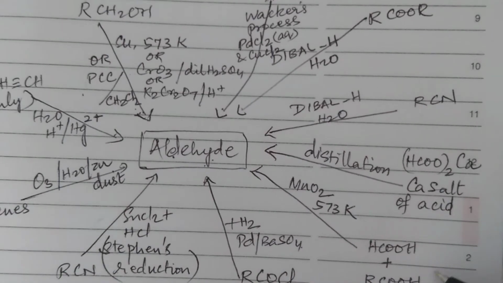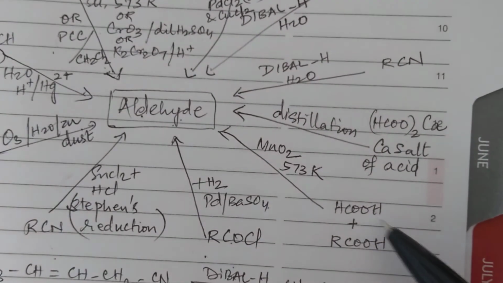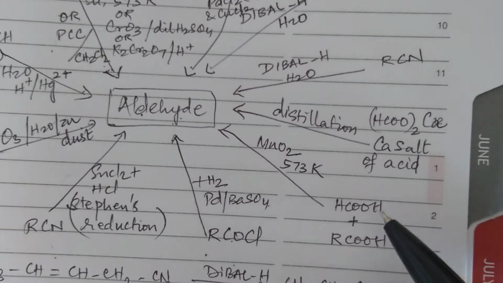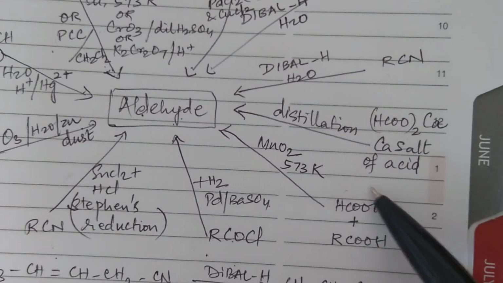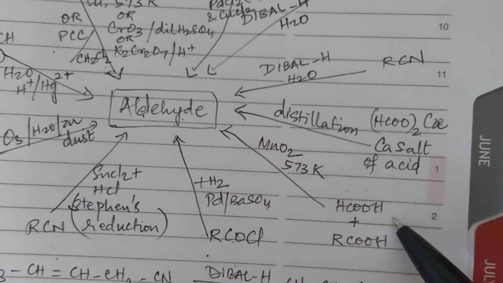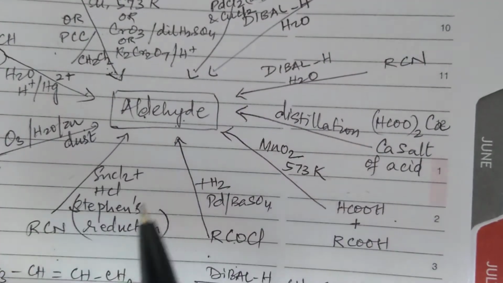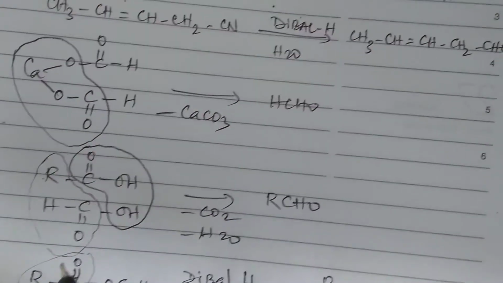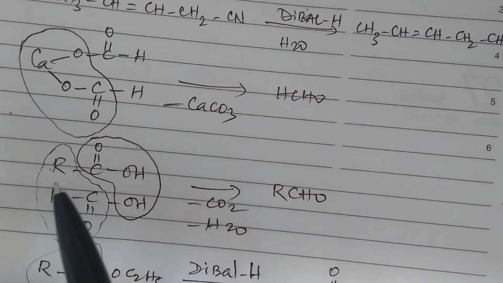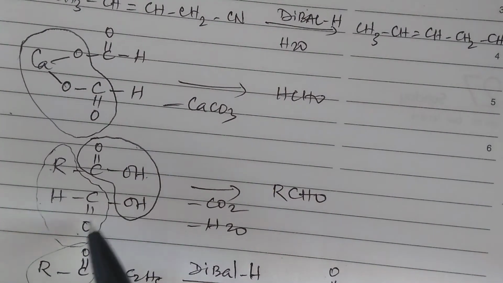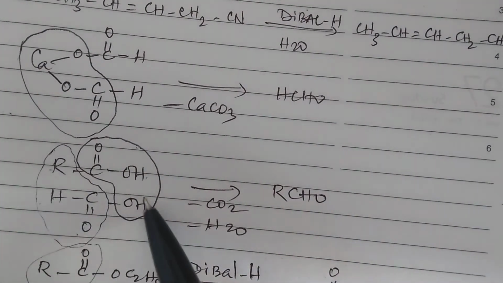Then you can also use a mixture of acids. Mixture of acids means formic acid is compulsory. You have to use formic acid, only then you can get aldehyde. Now how? See, I have taken two molecules of acid, RCOOH and HCOOH. I told you formic acid is compulsory.